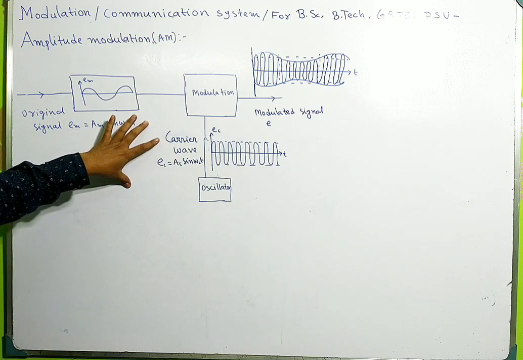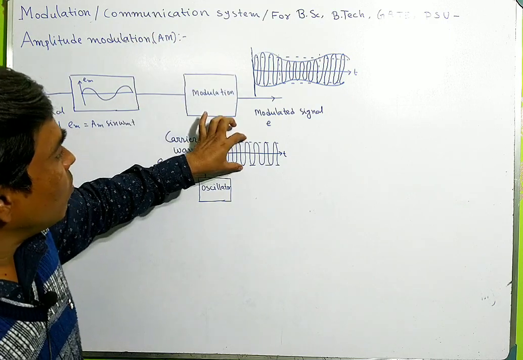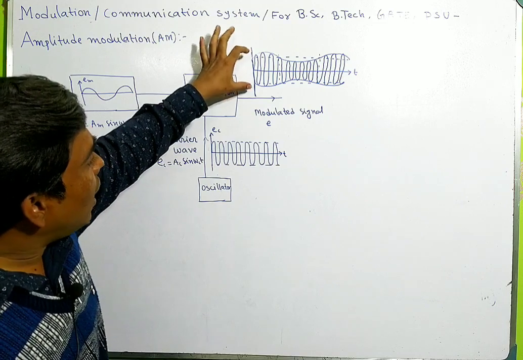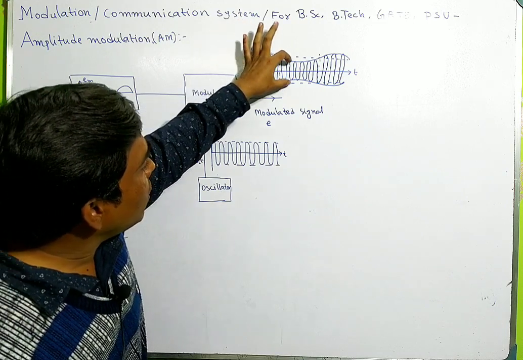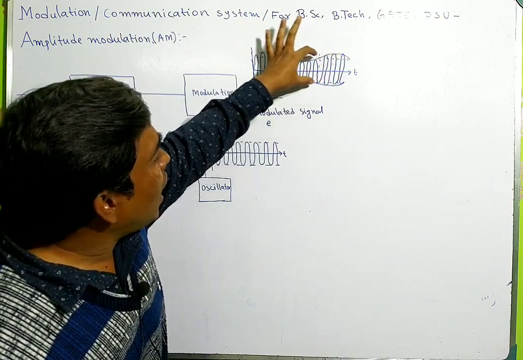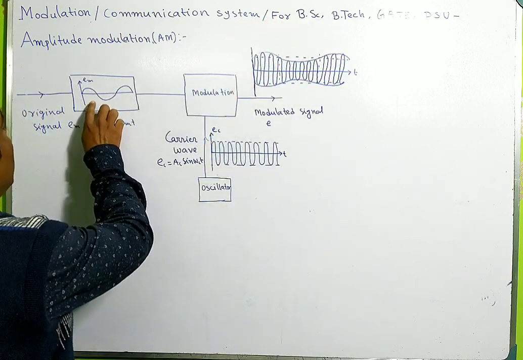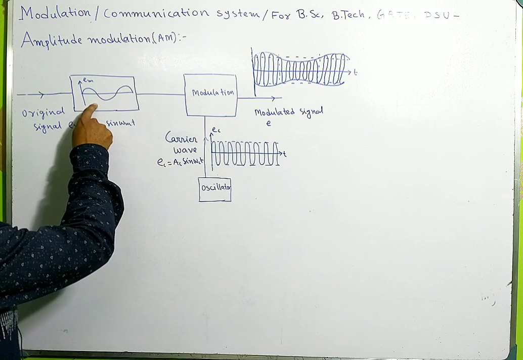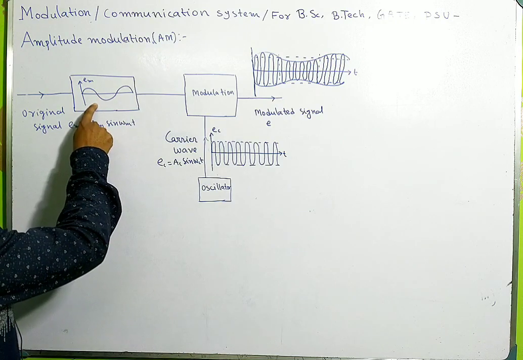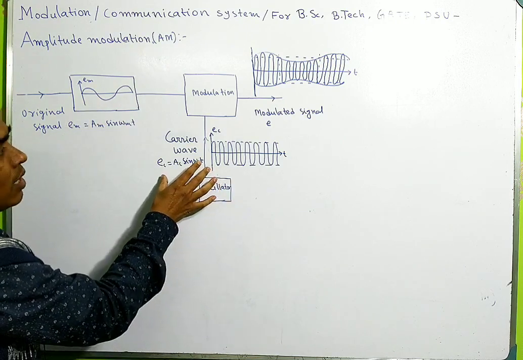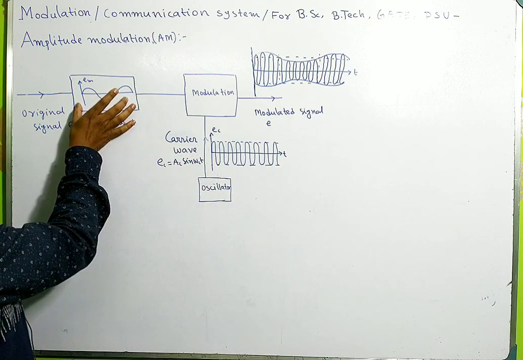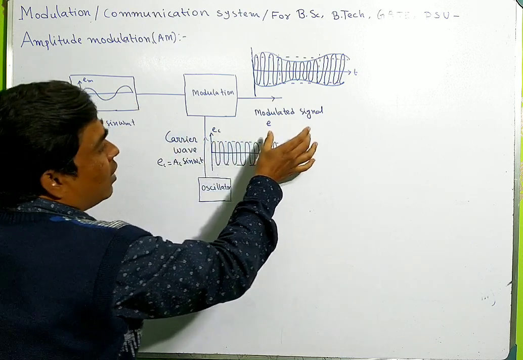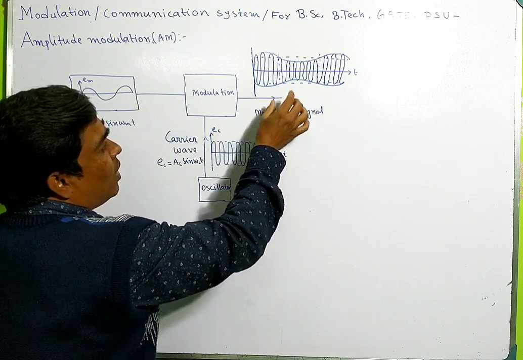Here you see this is the carrier wave, and the amplitude of this carrier wave is changing according to the original modulating signal, and the modulated signal will be this.